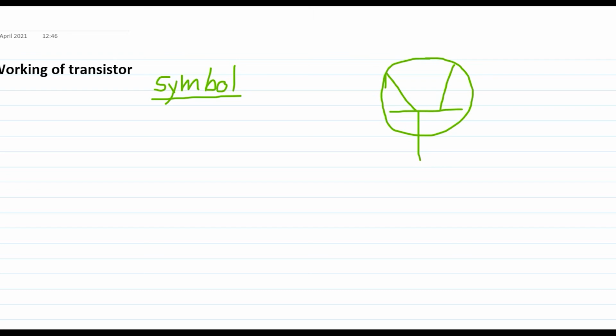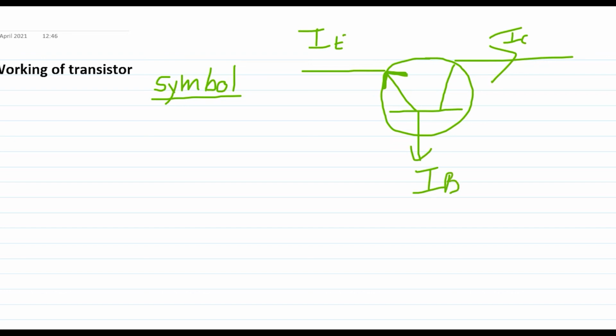Here in NPN the conventional currents go outside, so the arrow is like this, and this is connected to another terminal. So it is IE, it is IC, and it is IB, which is the current due to the base.